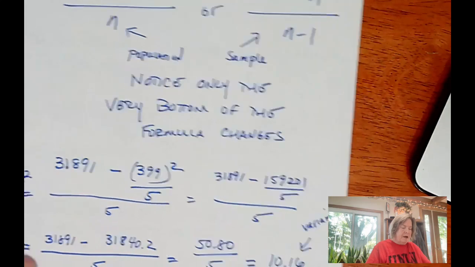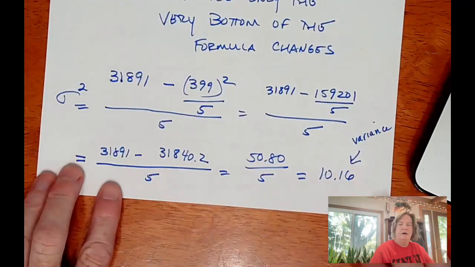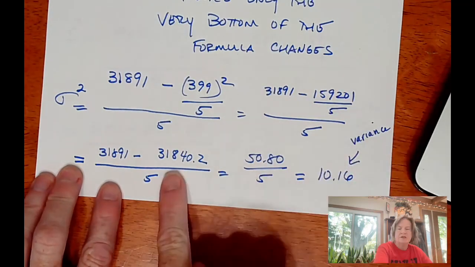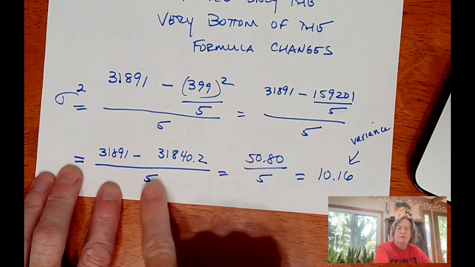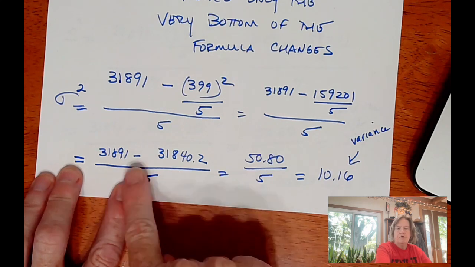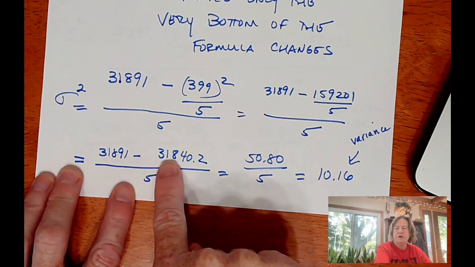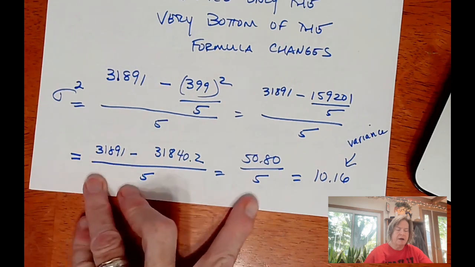So if you did the math there, all right. So 159201 divided by 5 gives us 31840.2. We'll divide that by 5. So 31891 minus 31840.2 gives us 50.8, and we're dividing by 5.